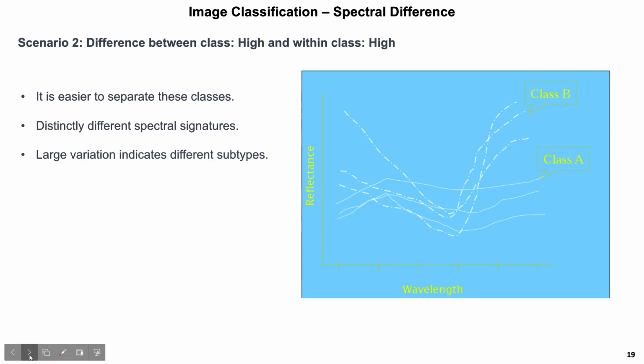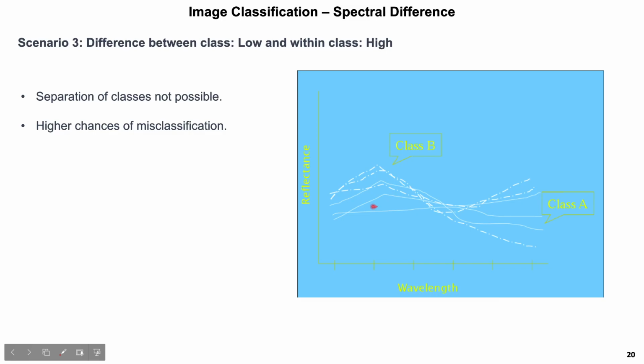And the third scenario. When you encounter such a scenario, your spectral signatures of class B and class A are both mixing. So when you try to classify this, you will have a lot of misclassification, and your accuracy of the output will not be to the required extent.